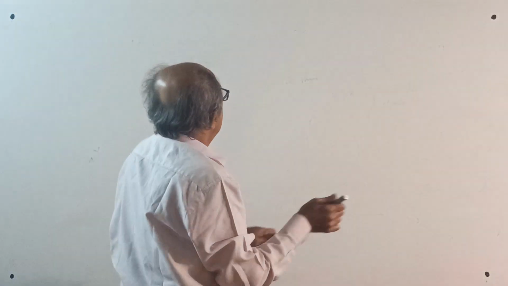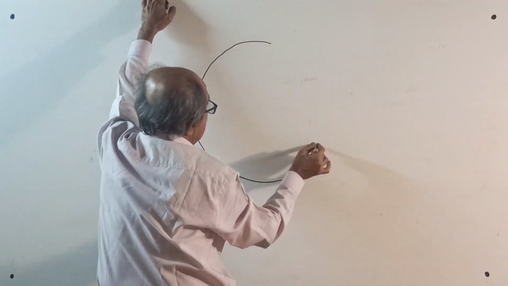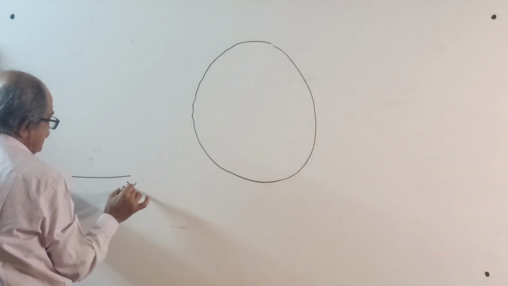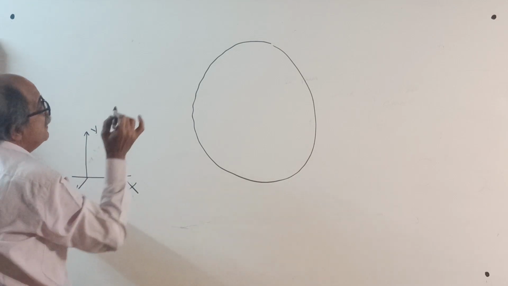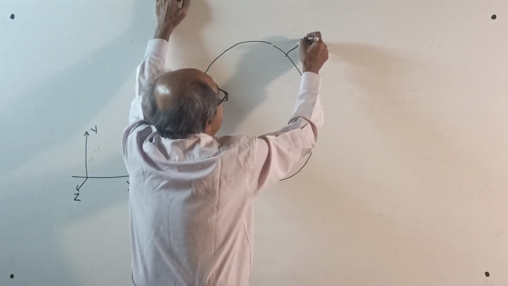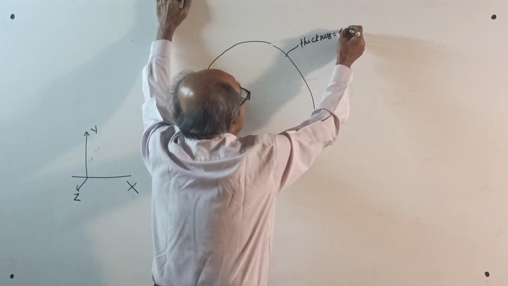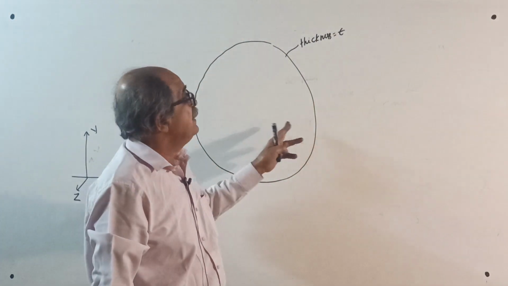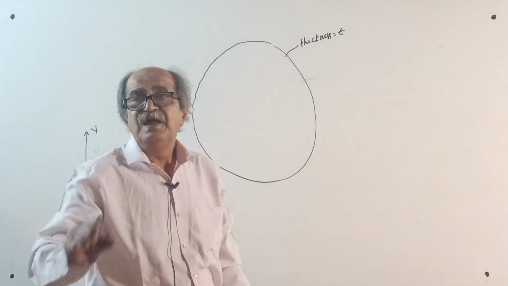Very important. Now imagine some body here. This is x plane, this is y plane, this is z plane. Imagine the thickness is T. Thickness equal to T, actually uniform thickness. The purpose is that I am telling it for understanding. Later, when you go to lamina, thickness will not come, or it is understood that it is uniform thickness.